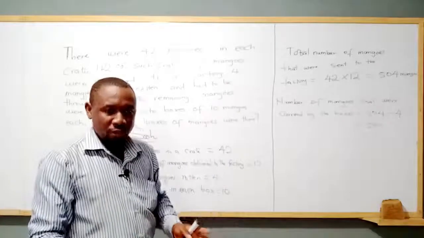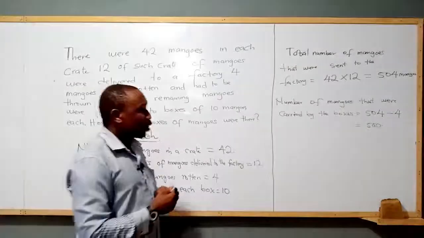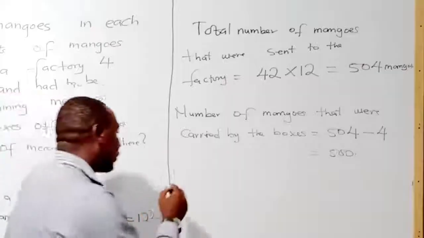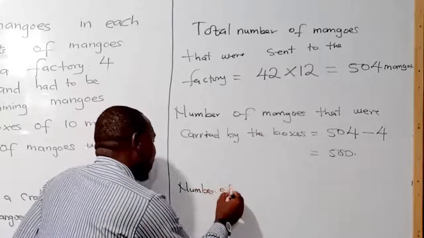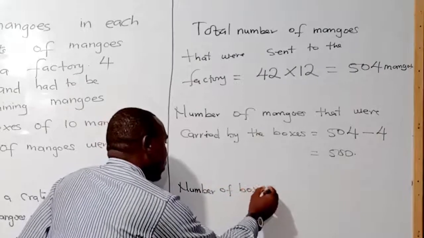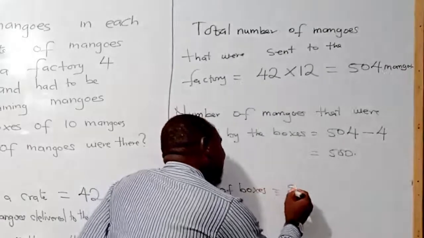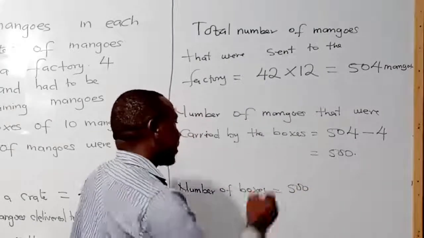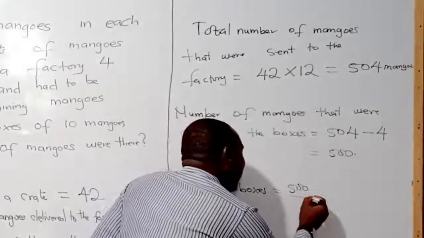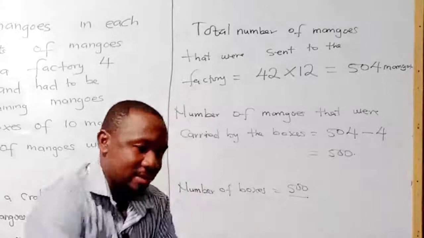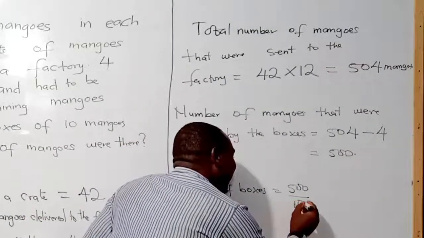So if this logic is understood, then to find the number of boxes, the number of boxes will be equal to the 500 mangoes divided by 10.